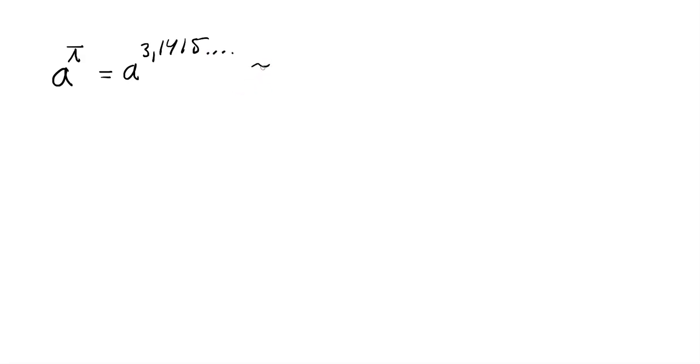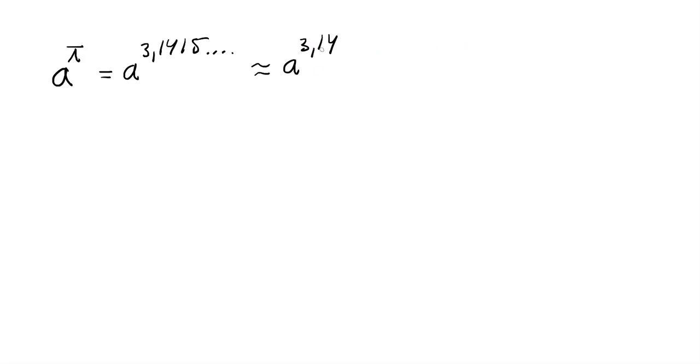So this should be roughly equal to a raised to the power of 3.14. If you round off to 2 decimals, this should hold. It depends on how close to the real value we want to have, then we should round off to that number of decimals. If we want to have it close to the real value, we take more decimals.